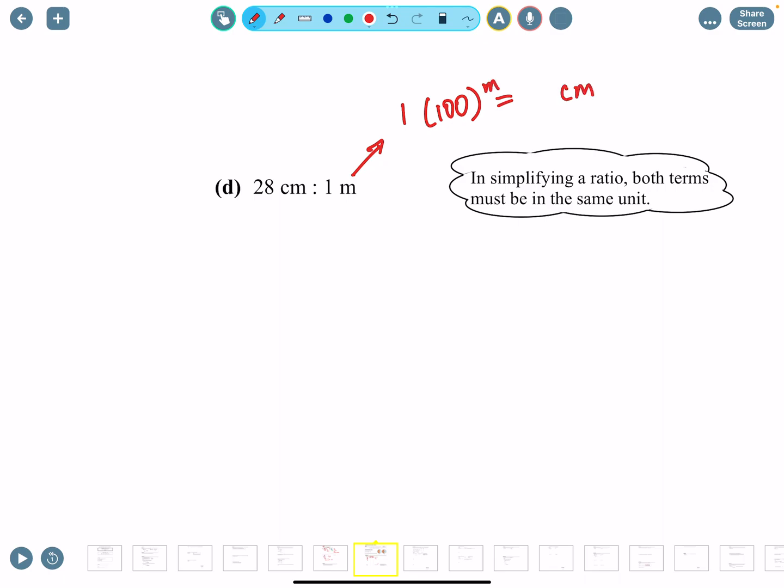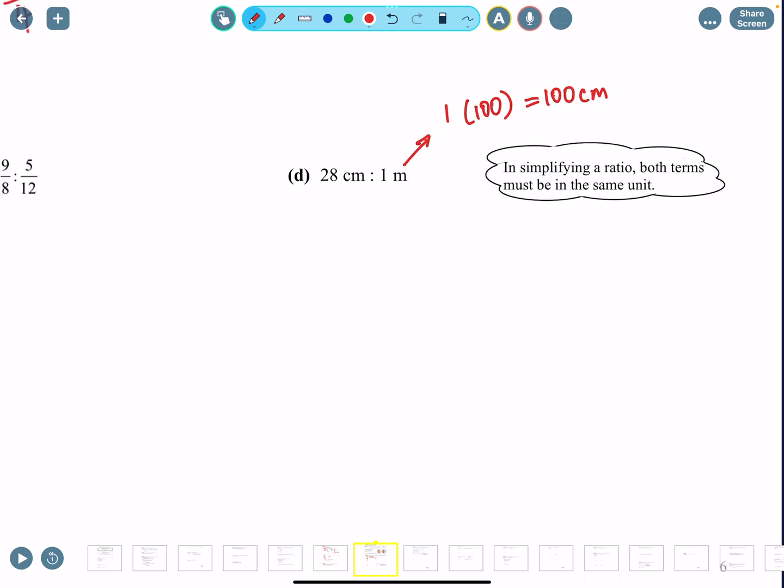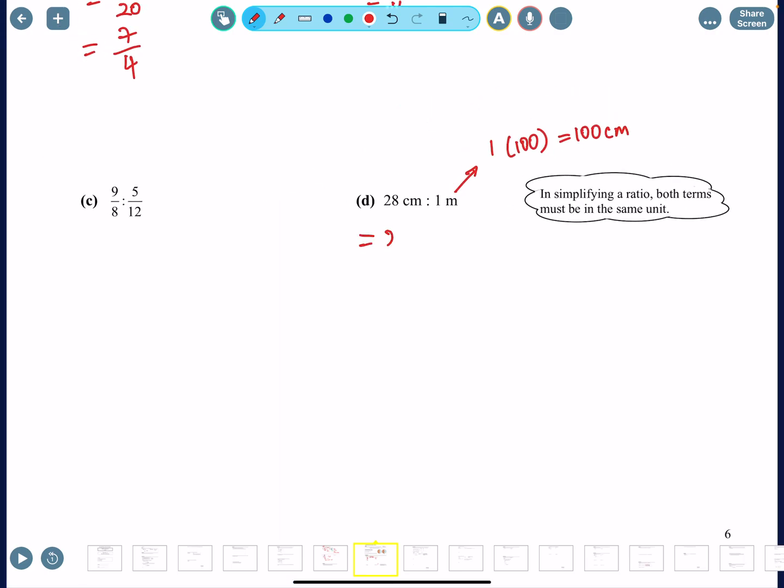So 100 times 1 is 100, so 1 meter is 100 cm. So this one can be converted to 28 cm to 100 cm. So once they're in the same unit, you can remove the unit for your next step.